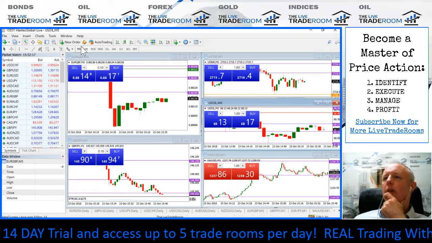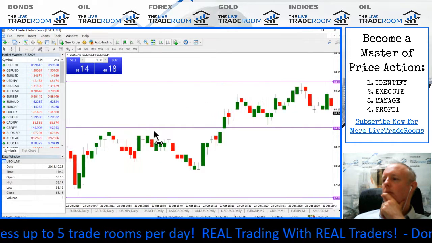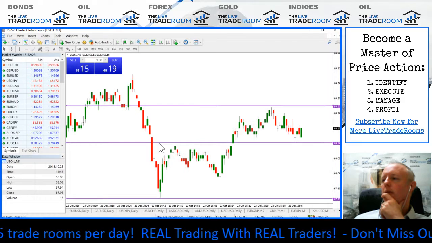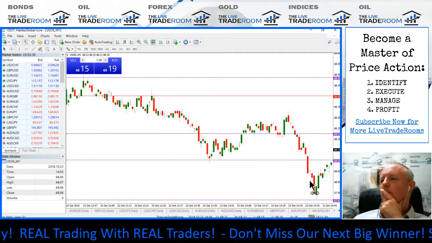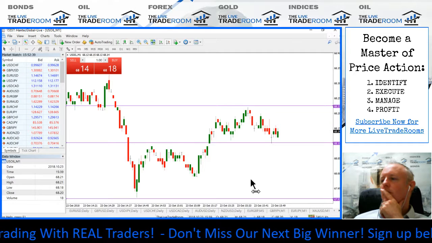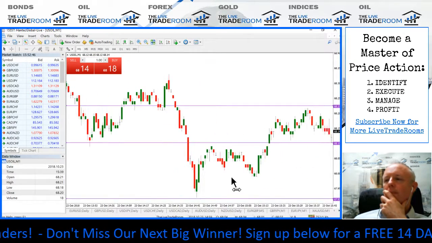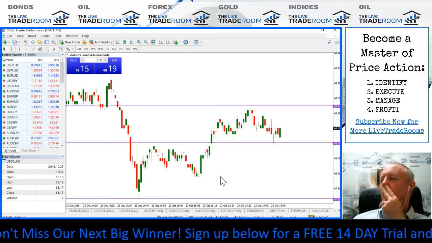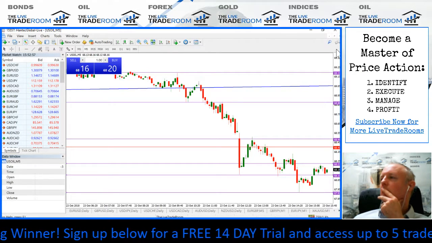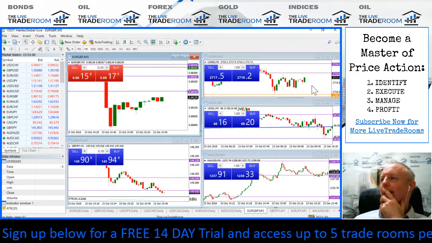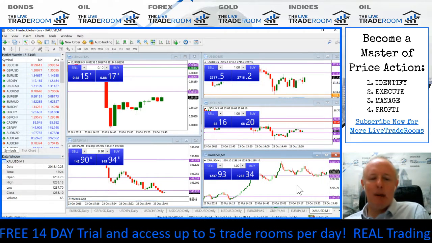So still looking at the US oil. Some of these trades are just looking less and less attractive now as the price action unfolds, and that's not necessarily a bad thing.